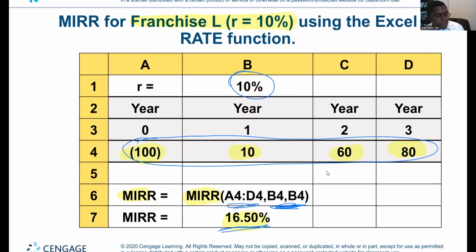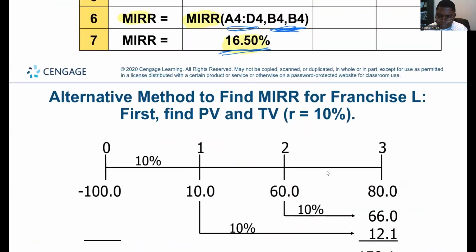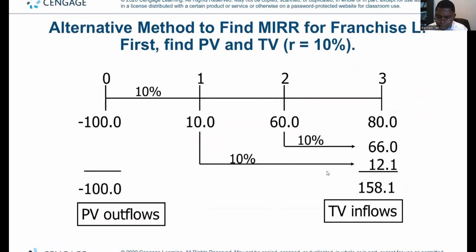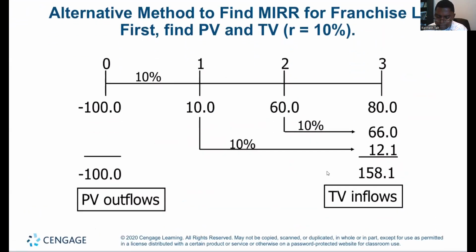I'll come back to the spreadsheet, but let's see how this can be done manually and the implication of that. Doing this manually, we assume that all these cash flows are reinvested, in a way that really explains what the modified internal rate of return is all about. These are the respective cash flows: negative 100, which is the cash outflow, then 10, 60, 80.